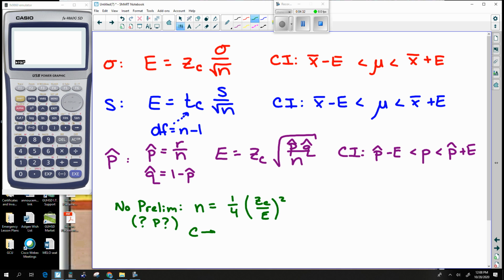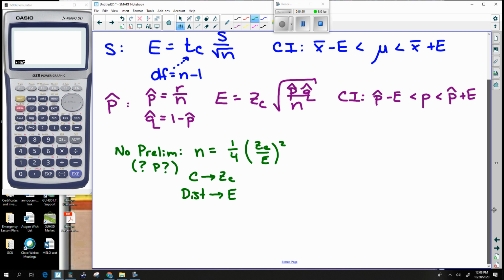So the confidence, in essence, is going to tell you what the ZC is. And then they'll say a distance from mu. A distance from mu is what the error is. So that's that kind of concept. And then if they do give you a preliminary estimate, let me scroll down here.